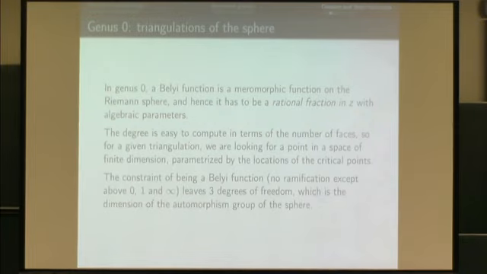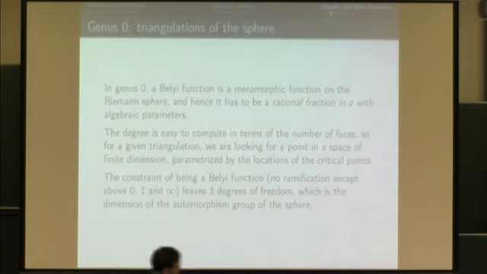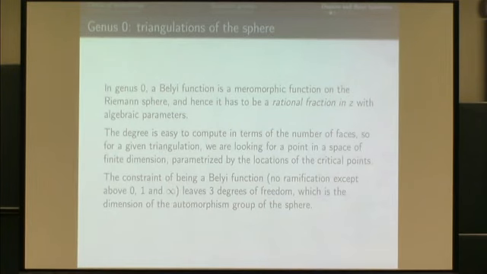So what you can do instead is do it numerically. If you want to do it numerically, what you want is to find the location of these points. Essentially, you start with the location of these points and the points that are mapped to infinity.